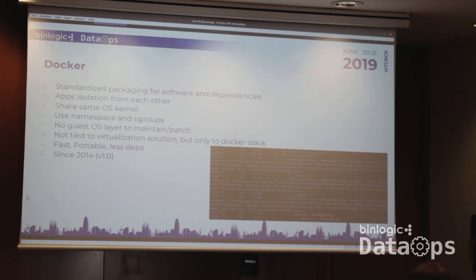The advantage is that we don't have another OS layer to maintain and to patch. You just have to have the Docker stack available in the system, and you can pull the image, instantiate the image, and run the Docker containers.